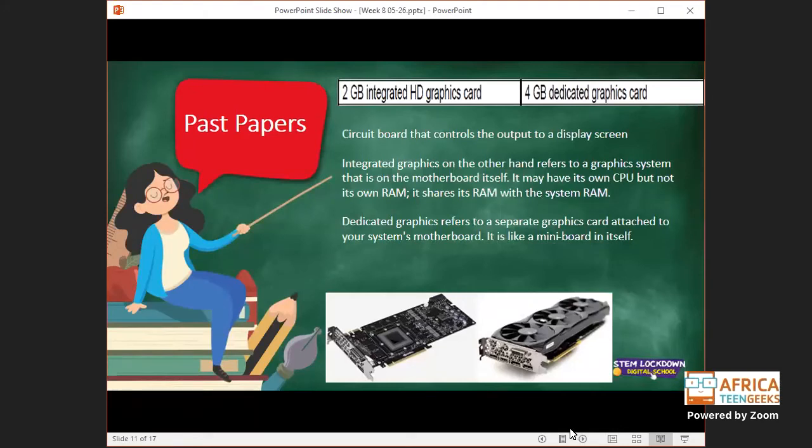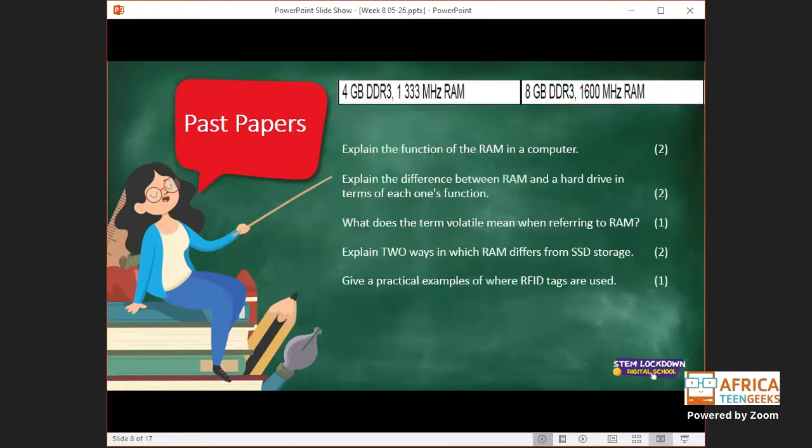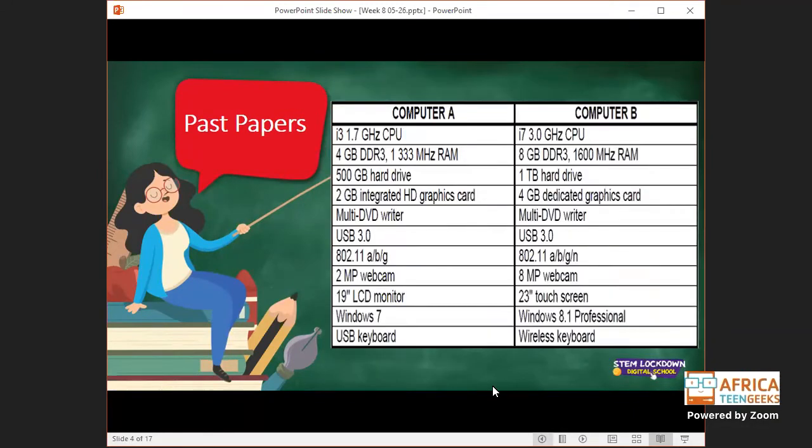Okay, so if I go back to the front before we go on, if I've got an integrated 2 gigabyte, then I am using some of this RAM as well. So while I am using the computer, I'm using 2 gigabyte of RAM for my graphics card, as well as the 2 gigabytes that's left, you're going to have to use for running your program.